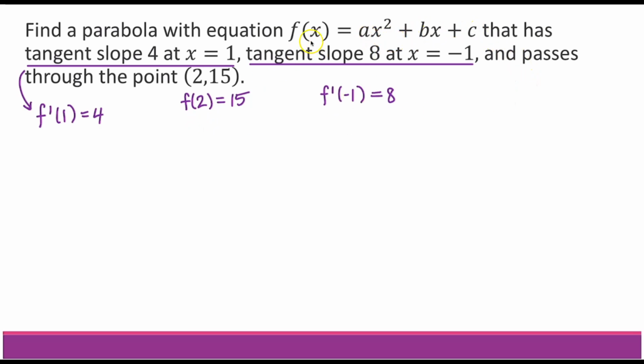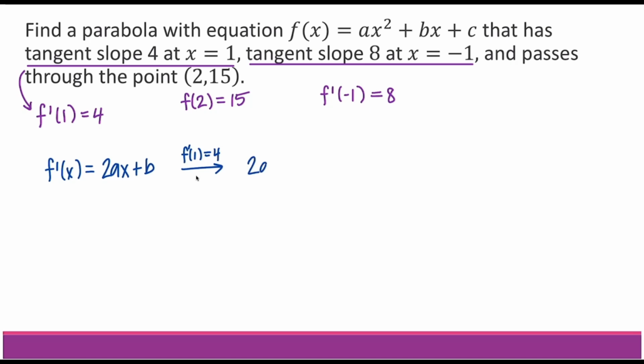Now we're going to use these 3 pieces of information to find our 3 missing values of a, b, and c. First, let's go ahead and find the derivative of f of x. So f prime of x is 2ax plus b. And now we know that f prime of 1 is equal to 4. So when I substitute 1 into x, that's going to equal 4.